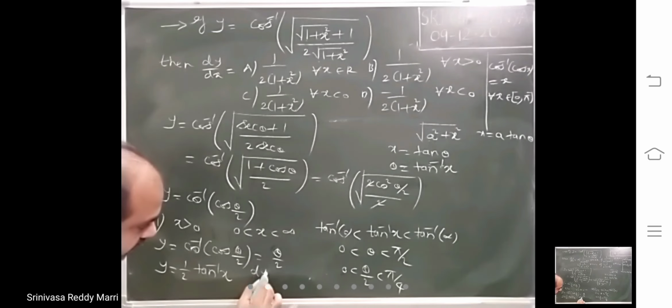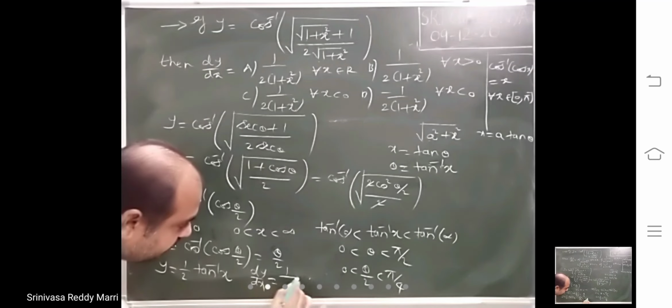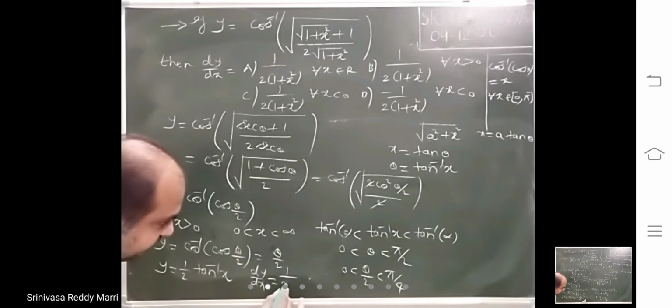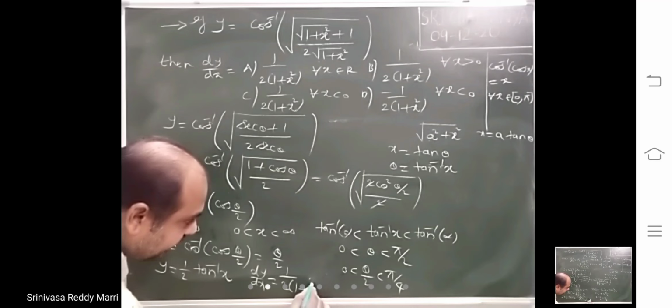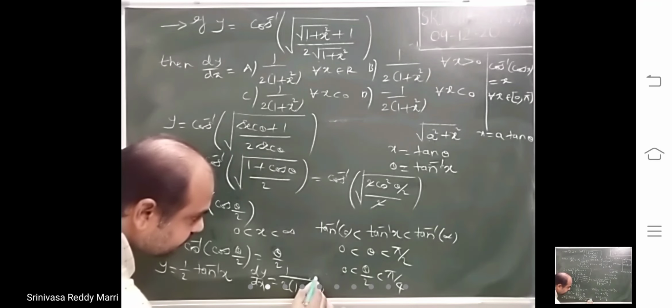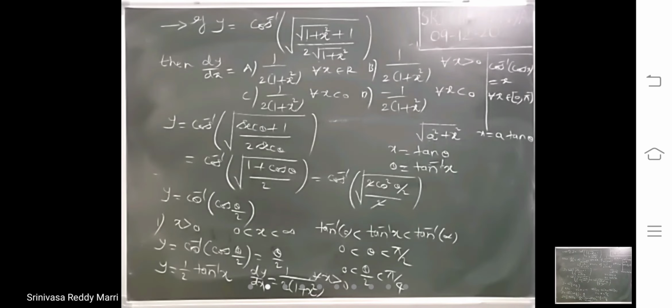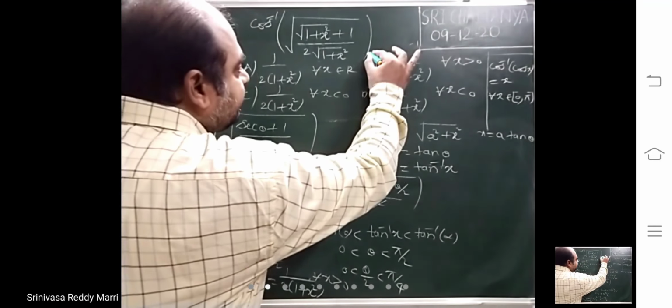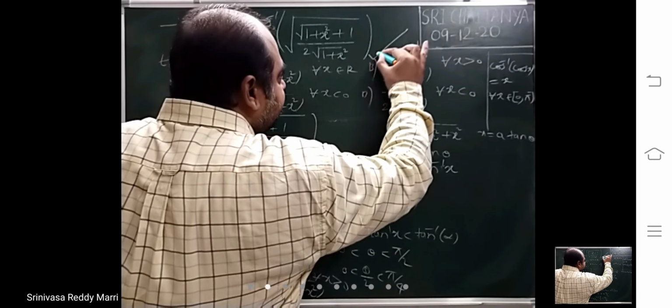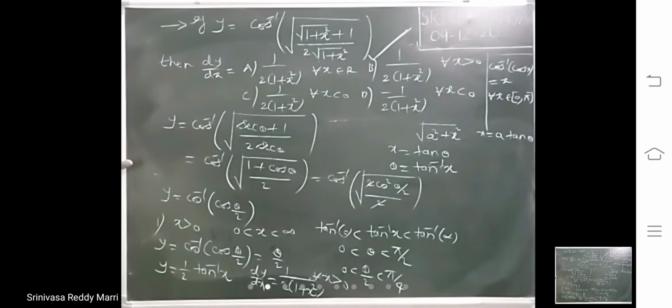Therefore dy by dx is 1 by 2 into the derivative of tan inverse x, which is 1 by 2 into 1 plus x square, for all x greater than 0. Right? So we deal with separate cases; x greater than 0 is this scenario.